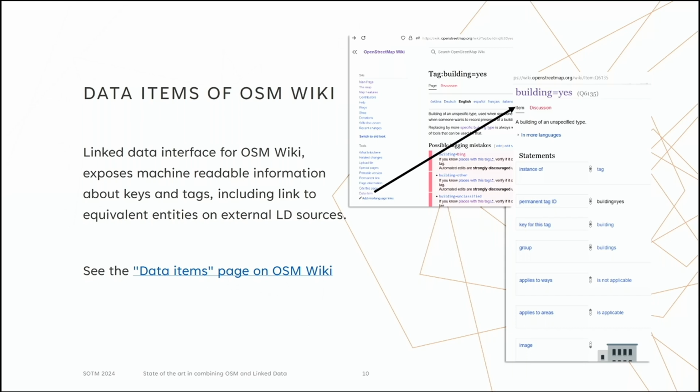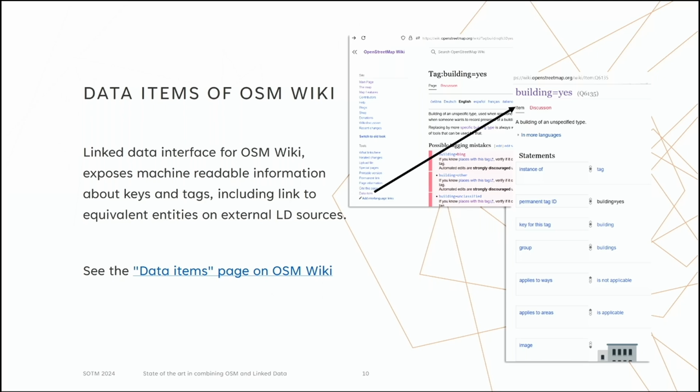In fact, this linked data source exposes details about the tags that are used on OpenStreetMap in a machine readable way, specifying information that applications might find useful when interacting with tags, and using HTTP URIs to external data sources to link the tags to what they represent in other sources.